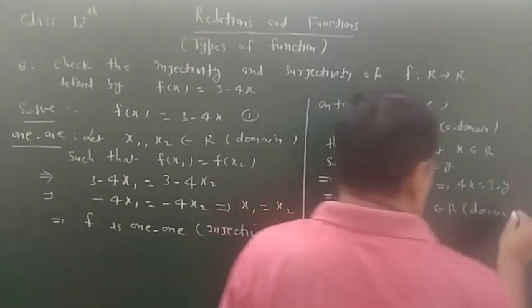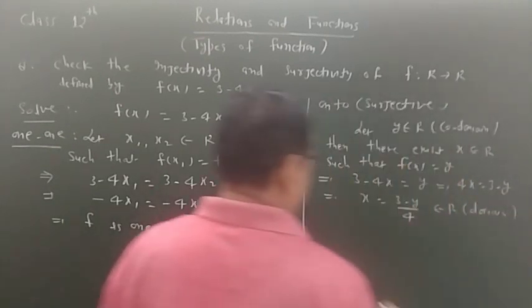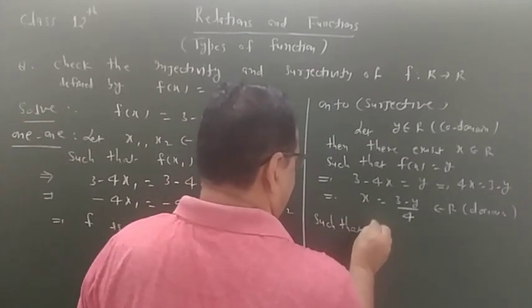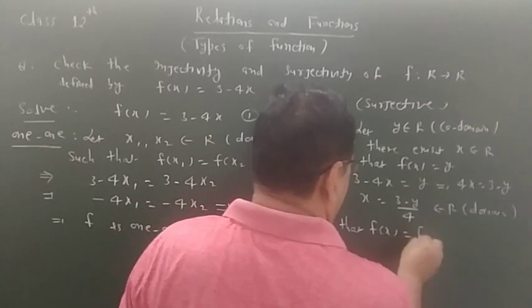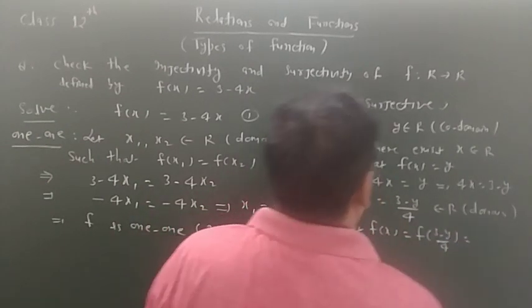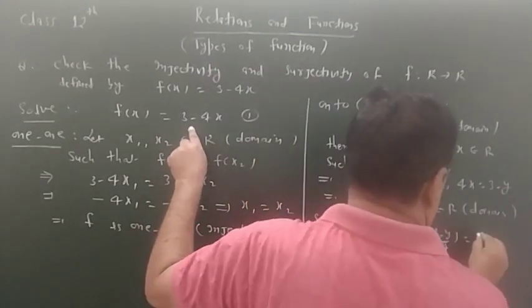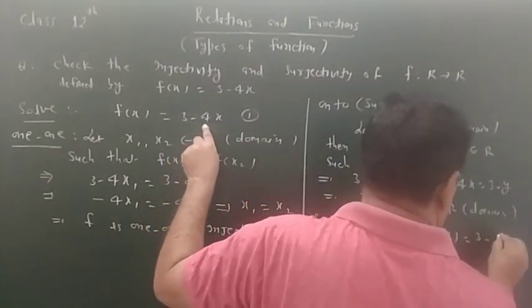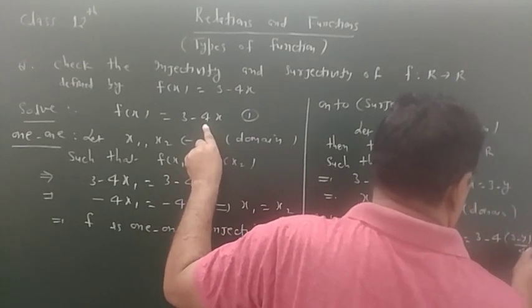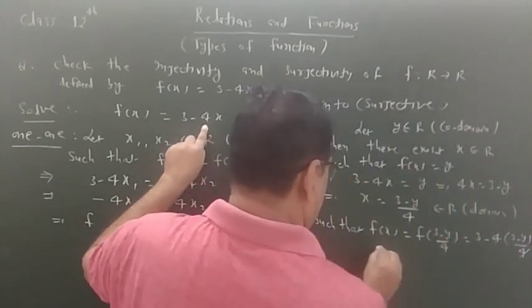domain, such that f(x) = f((3 - y)/4) = 3 - 4((3 - y)/4). The 4 and 4 cancel out.